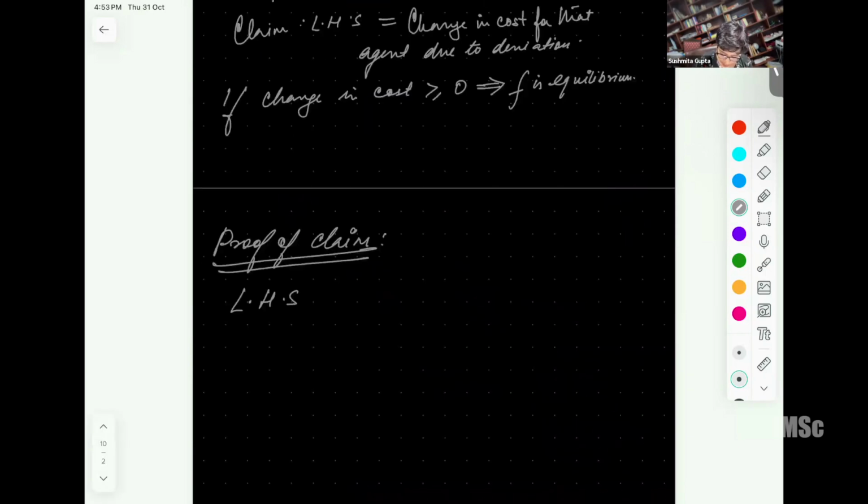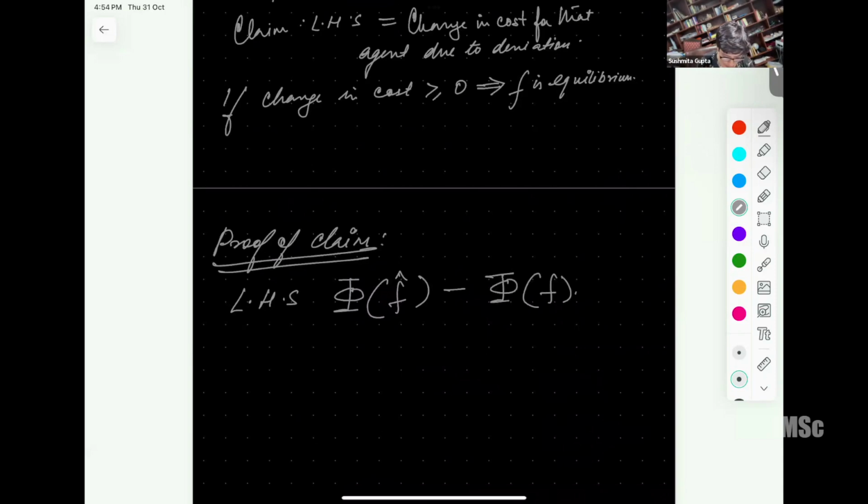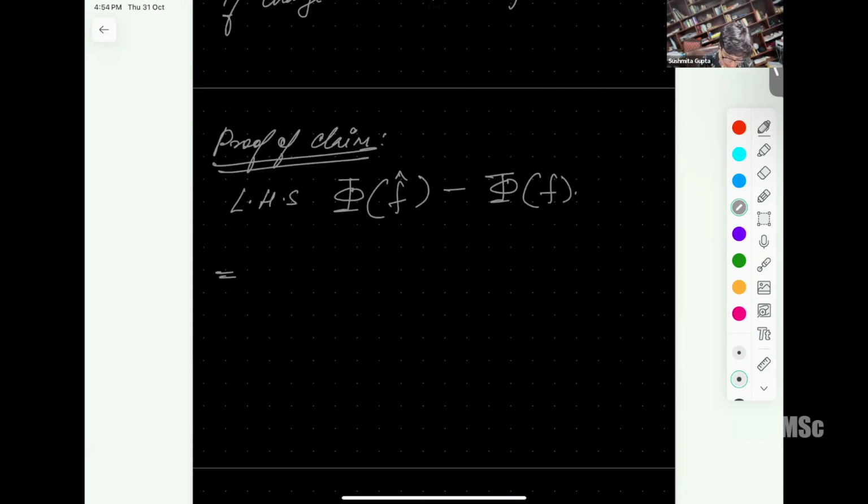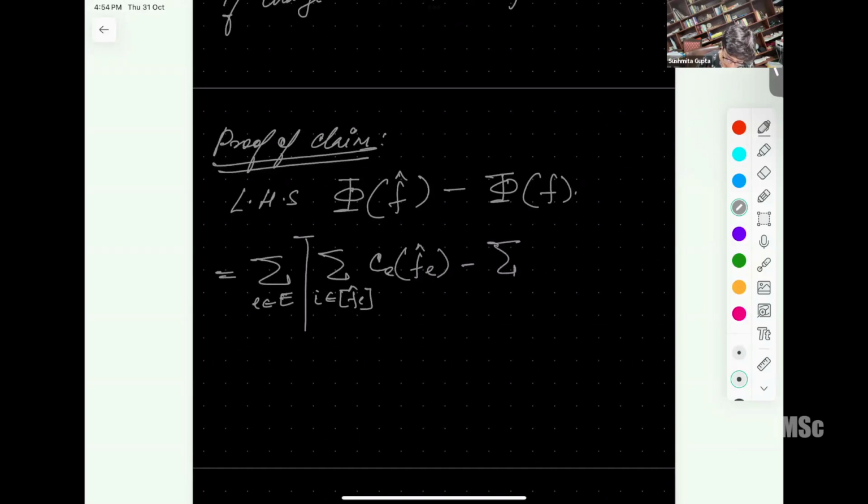See, it just follows from the definition. Phi of f hat minus phi of f was what? If you apply the cost function definition, it was like this: the sum over e of the sum of c_e of f hat_e minus the same thing, c_e of f_e.